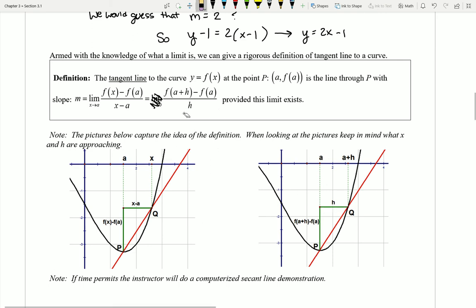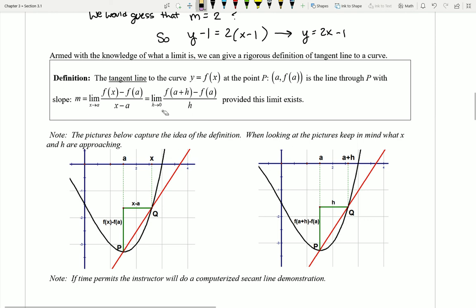And so when I now have my limit, my goal now, instead of pushing this point x towards a, I just want to say I want this gap between these 2 points to slowly disappear. I want h, the size of the gap, to slowly become 0.